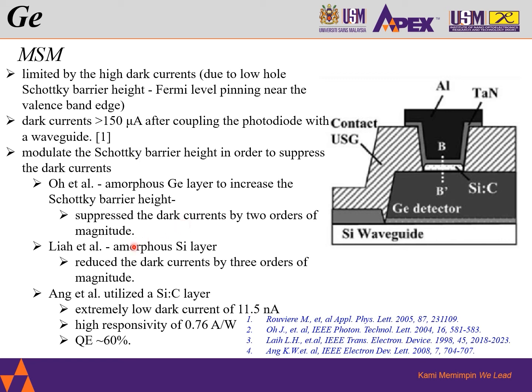Similarly, Laya and his team used an amorphous silicon layer and reduced the dark currents by 3 orders of magnitude. Also, Ang and his team utilized a silicon carbide layer and reported an extremely low dark current of 11.5 nanoampere with a high responsivity of 0.76 ampere per watt and a moderate QE of around 60%.